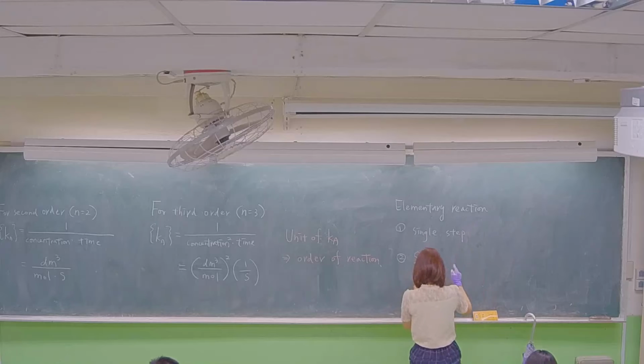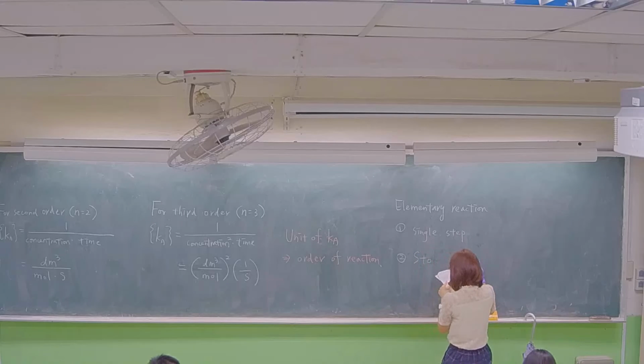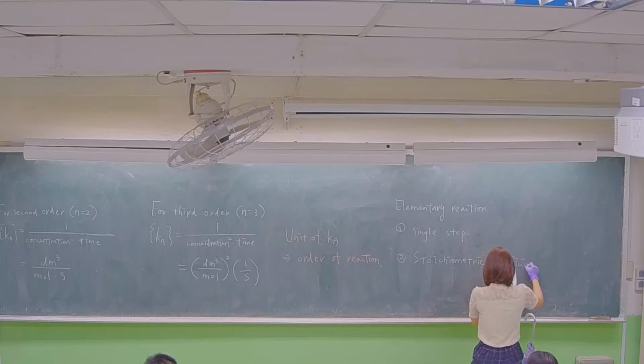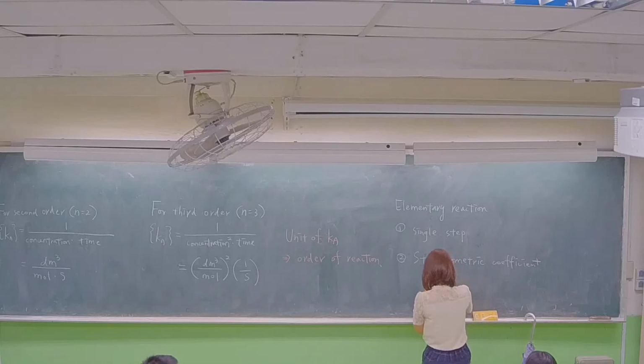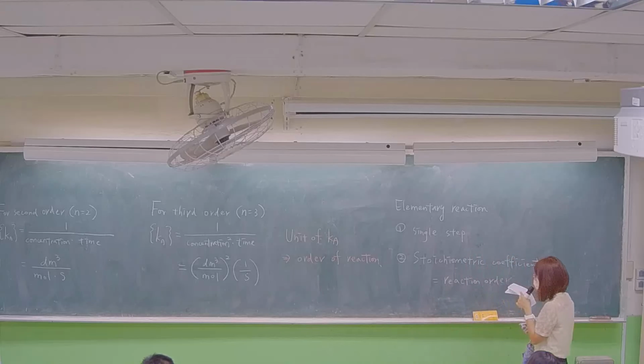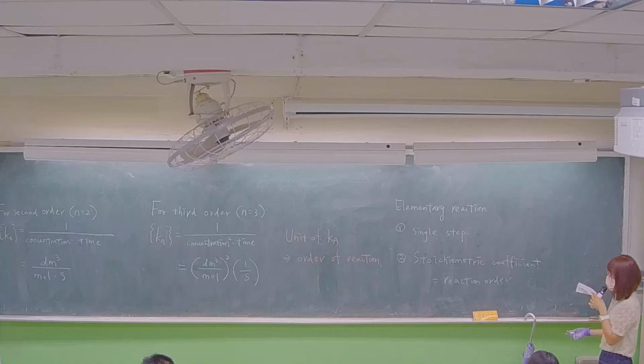If you see an elementary reaction, it is important that the stoichiometric coefficient is equal to the reaction order. Reaction order is very important to determine the rate law, right? One part of the rate law is Ka.